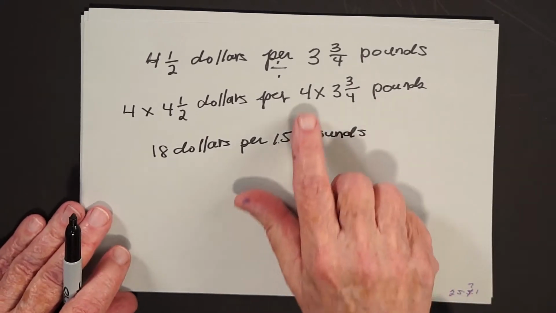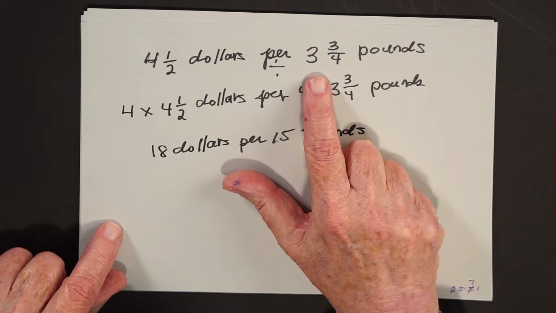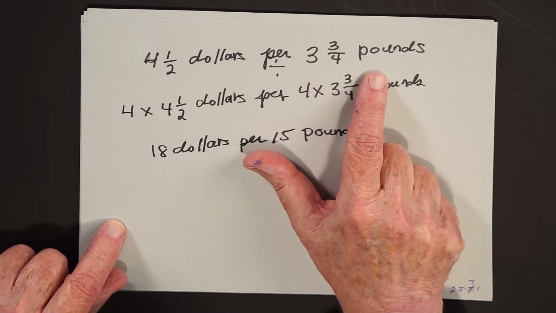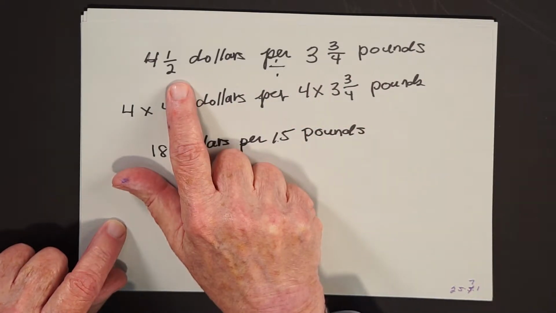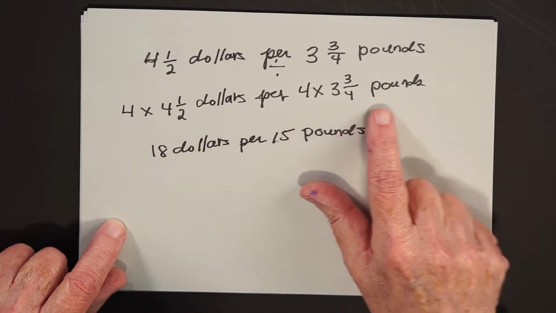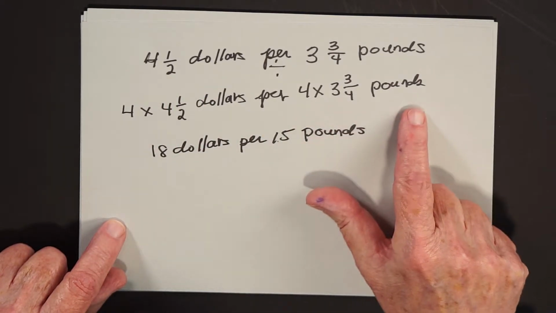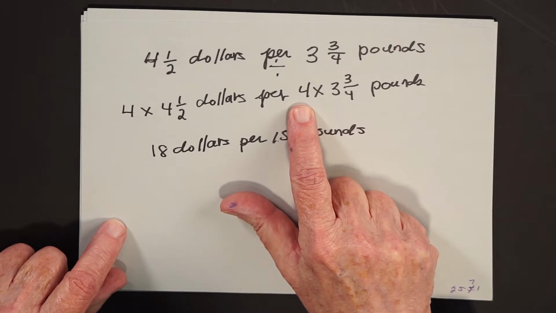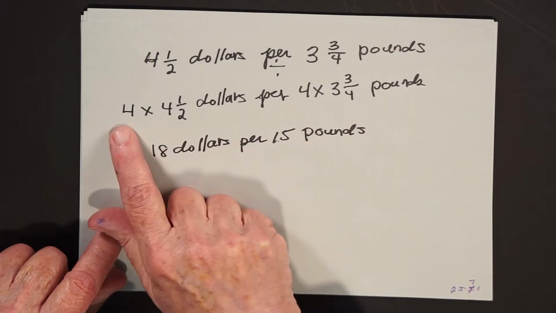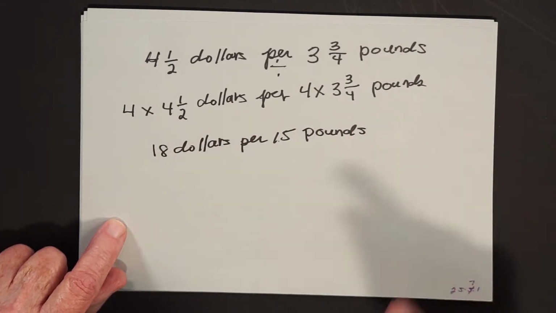Now, to see that in terms of this problem, this says for every 3 3/4 pounds you buy, you're going to pay $4.50. So if you were to buy 3 3/4 pounds 4 times, you would be paying $4.50 4 times. Now watch what happens.